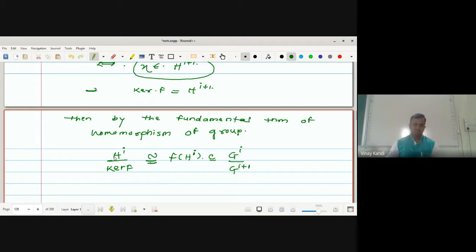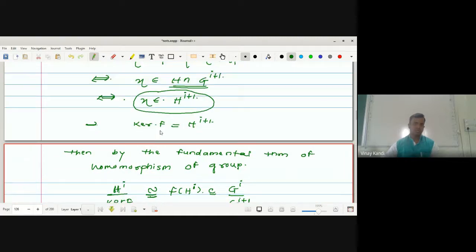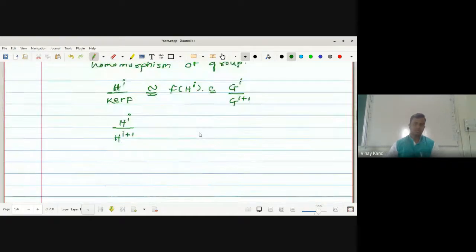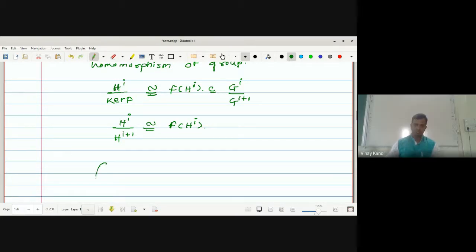So here h raised to i upon kernel f, that is h raised to i plus 1, is isomorphic to f of h raised to i. Is it correct? Yes, sir.